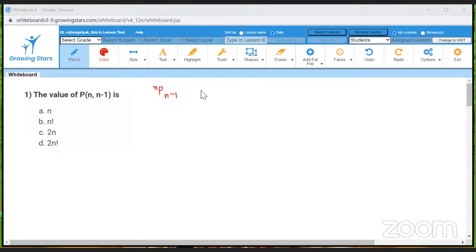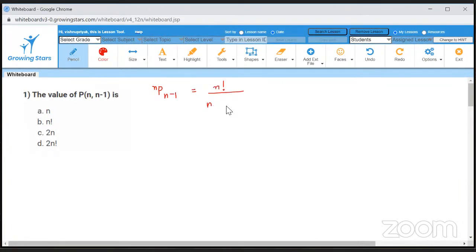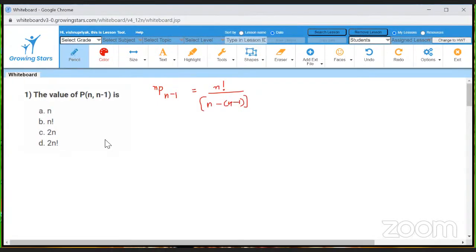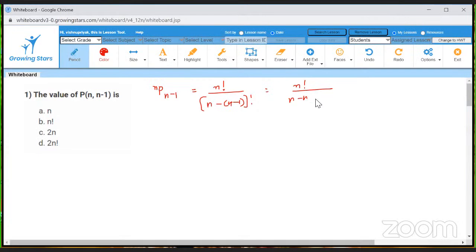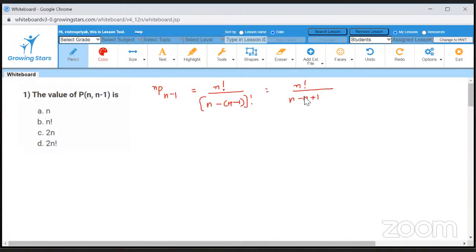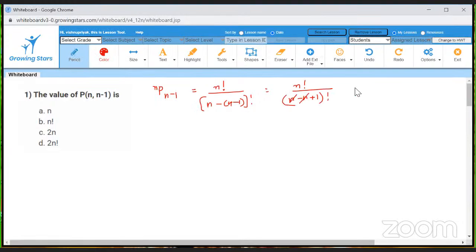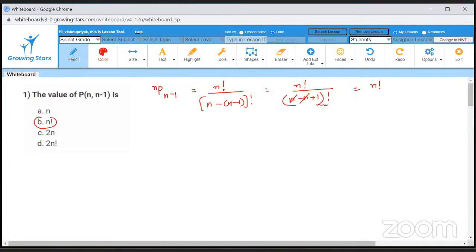So when you use the formula which I gave you yesterday, n factorial by n minus r factorial, one of the options you must get. n factorial by n minus n plus 1 factorial. n and minus n will cancel. n factorial by 1 factorial, and 1 factorial is 1 only, which I need not write. So the option is B.